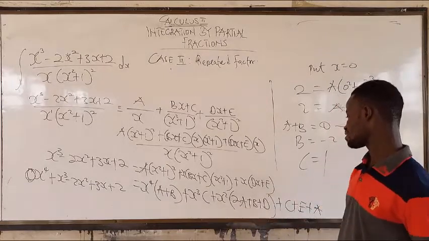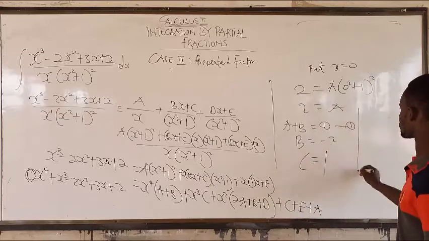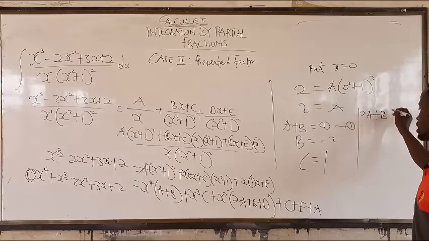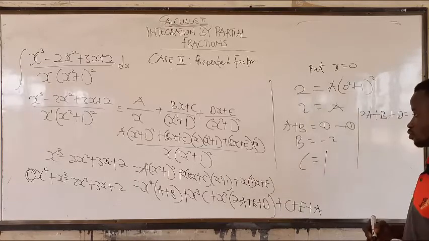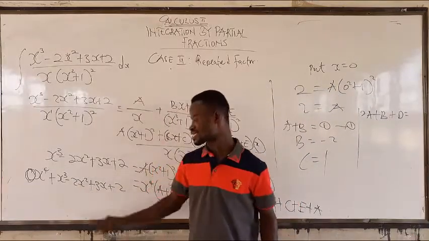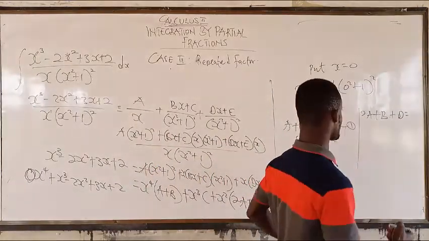Here, s squared. Here we have 2a plus b plus d, and the coefficient of s squared here is negative 2.